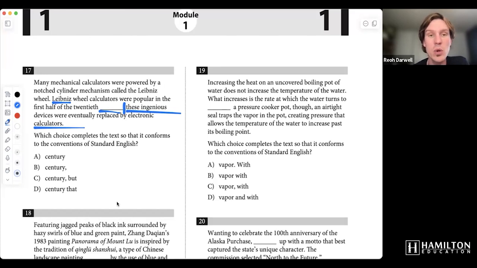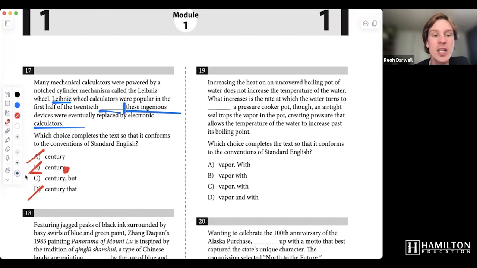So what are our three rules for combining independent clauses? We can use a period, we can use a semicolon, or a colon if it's an elaboration after, or we can use a comma with a coordinating conjunction, called a FANBOYS. All right, so A doesn't do anything, which is wrong. D doesn't do anything, which is wrong. If you missed this question, I'm supposing you probably chose B because there's a comma here.